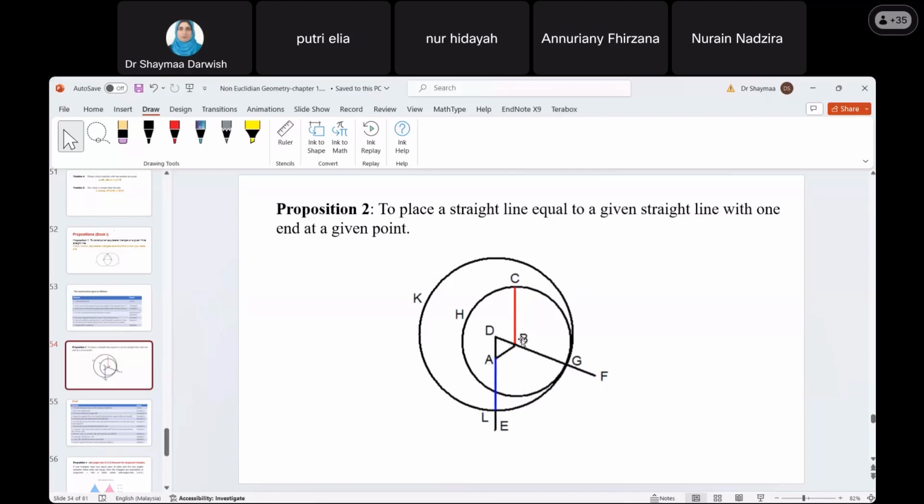If I have a given segment CB and a point, by using compass and ruler, I can draw another segment equal to CB. So now we need to see how we can do that and how to prove it.